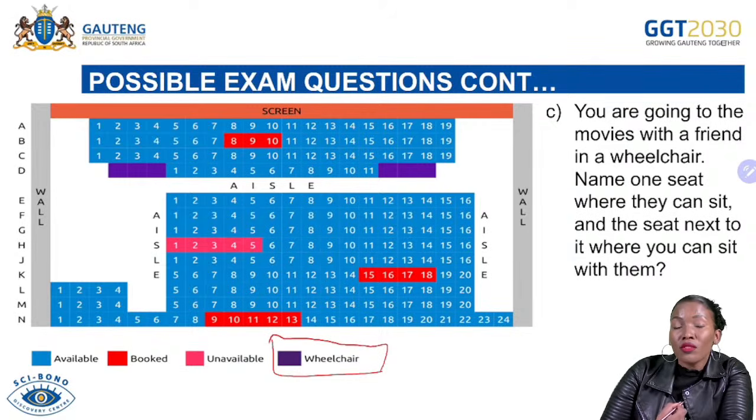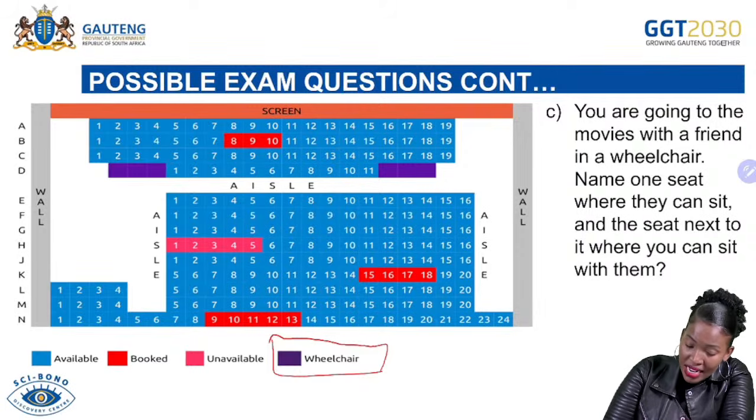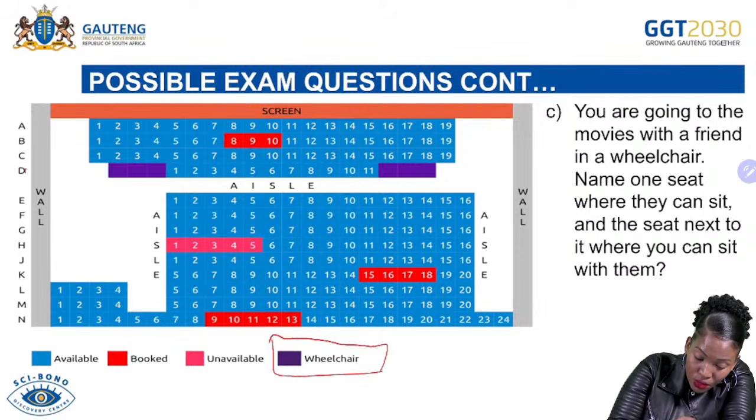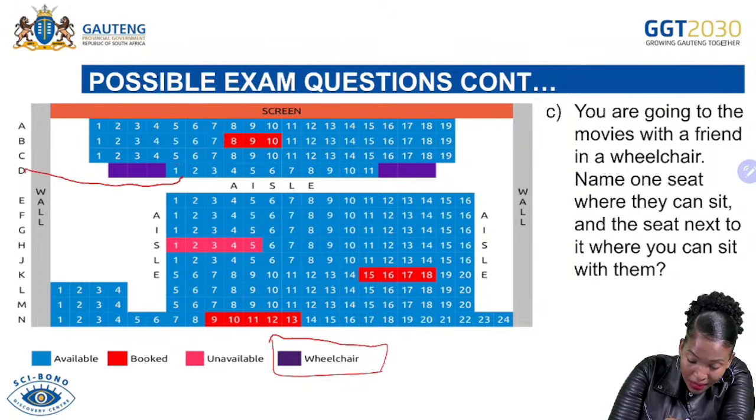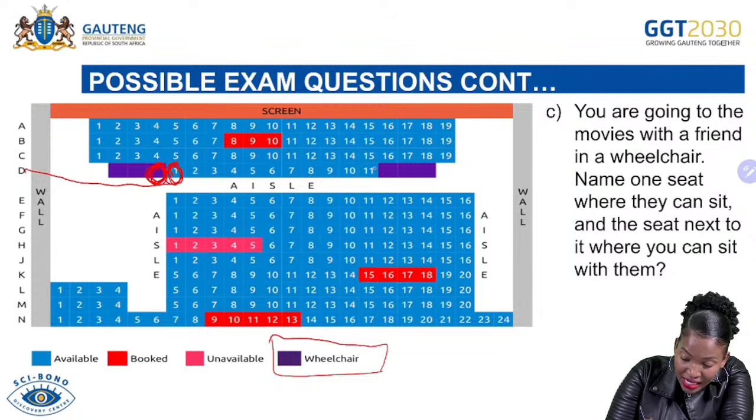So if I was going to the movies with my wheelchair friend, and I wanted to sit next to them, where will I have to sit? At D1. Because if I'm sitting at D1 here, then my friend can sit here. Or I can sit at D11, and then my friend can sit here next to me.